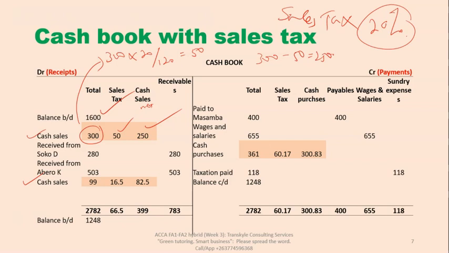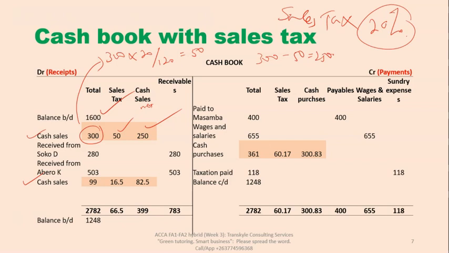So please listen here. We are saying that these cash sales were very new transactions. Tax is actually charged at the point of the transaction. When you start the transaction, that's when the tax is considered.